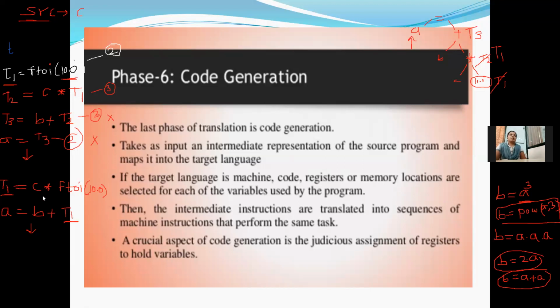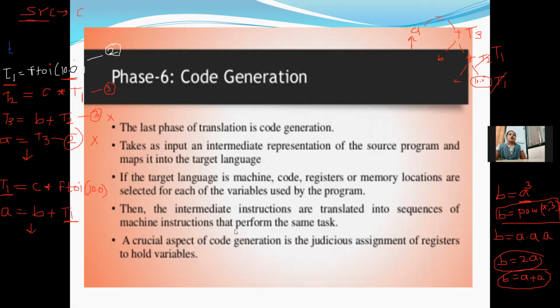So we have these 2 lines as an input, and we will convert them into assembly language. Then the intermediate instructions are translated into a sequence of machine instructions that perform the same task. So these instructions are translated into assembly language, which is carrying out the same task, but which is understood by the machine now. A crucial aspect of code generation is the decision of assignment of registers to hold the variables.